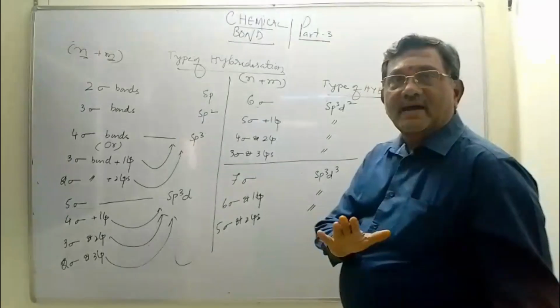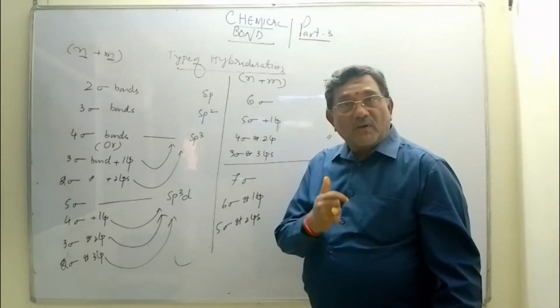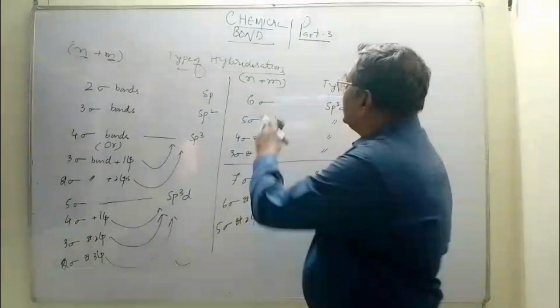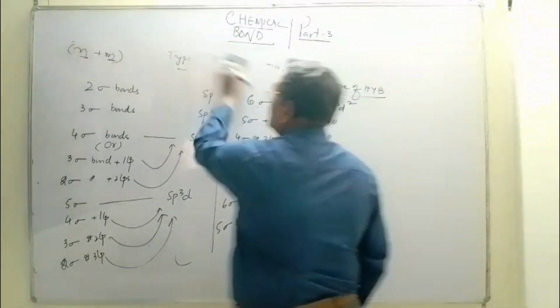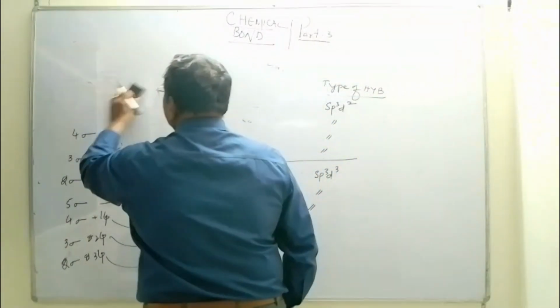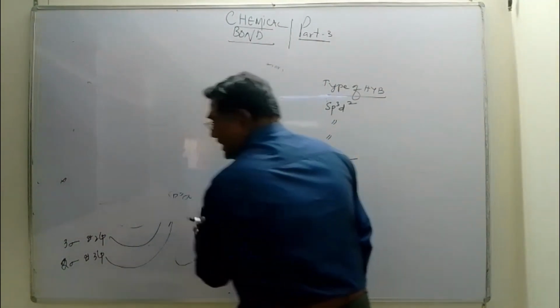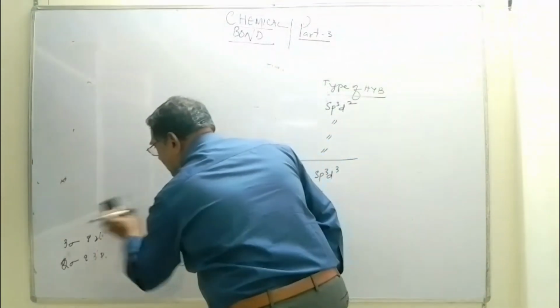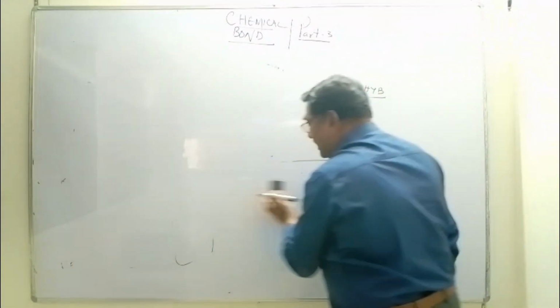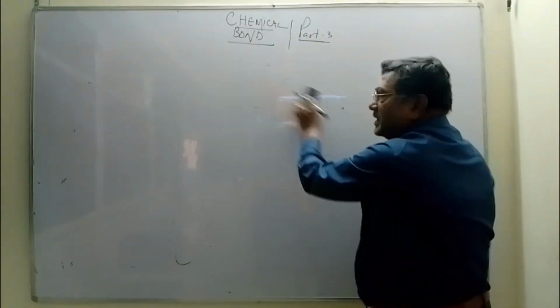While we are on sp³d, we will do one more interesting thing: what type of orbitals are involved in the hybridization of sp³d and sp³d². Let me question you all. After that, we'll go for different kinds of examples.